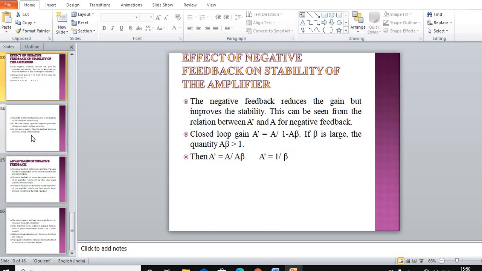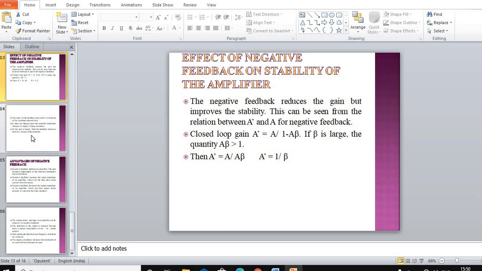Effect of negative feedback on stability of the amplifier. The negative feedback reduces the gain but improves the stability. This can be seen from the relation between A prime and A for negative feedback. The closed loop gain A prime is equal to A divided by 1 plus A beta. If beta is large, the quantity A beta is greater than 1.